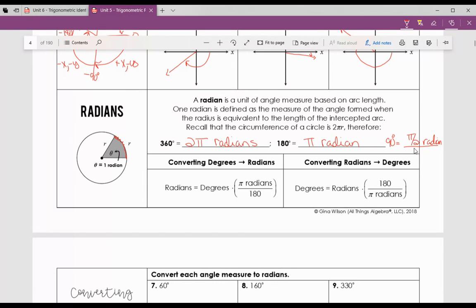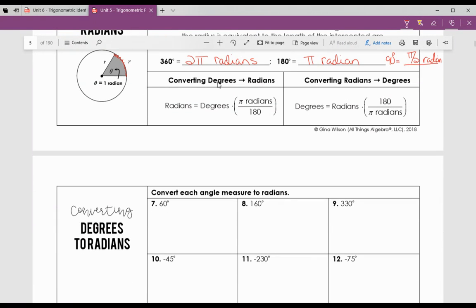Okay. Now, when you're converting degrees to radians, we're always going to take the degree value and multiply it by this fraction. When you're going the opposite way, converting radians back into degrees, notice that this fraction gets flipped.